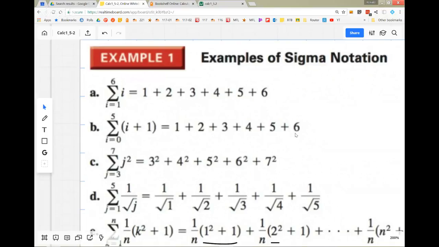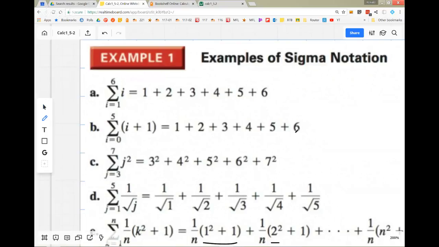And of course, that's just arithmetic. We could do that. Just to show you again how math has different ways of doing things, look at part B. On part B, it says, starting at 0 and going to 5, add up all the numbers plus 1. So the first time through, i is 0, 0 plus 1 is 1.